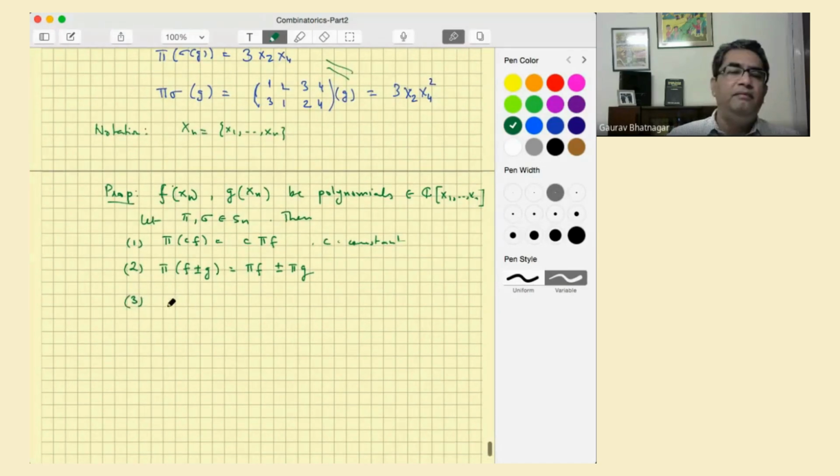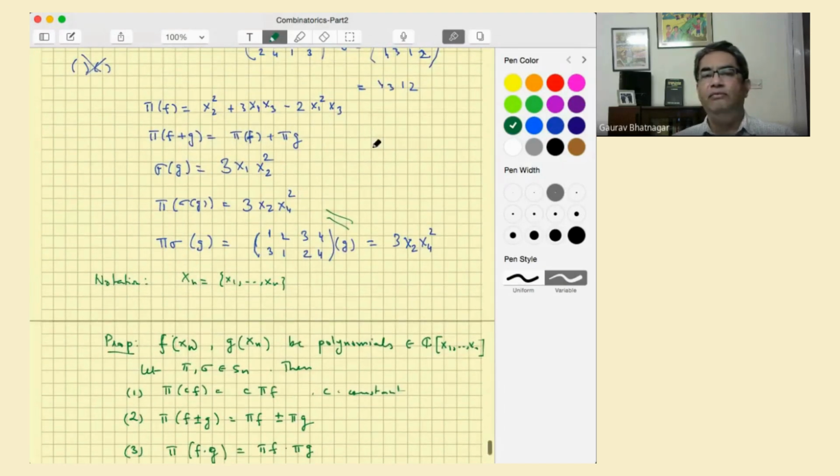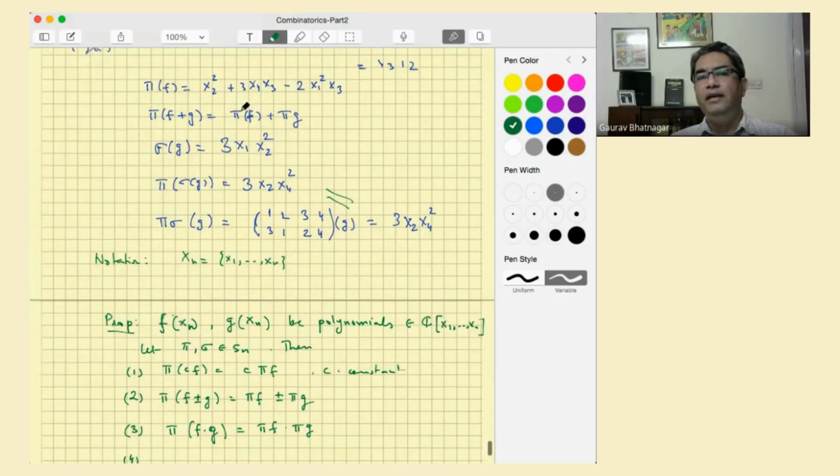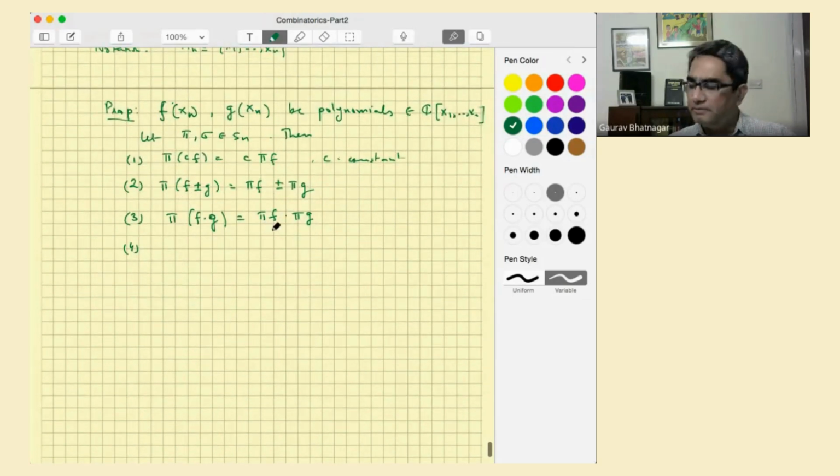And pi of f times g is pi of f times pi of g. This we haven't verified, but if you multiply this by this, then whatever terms you get, each term, if you permute, will be the same as pi f into pi g.